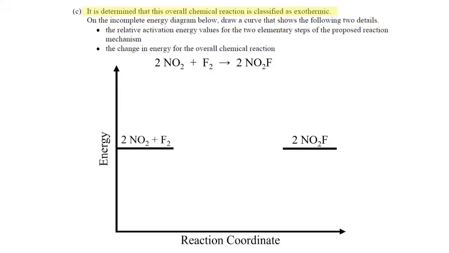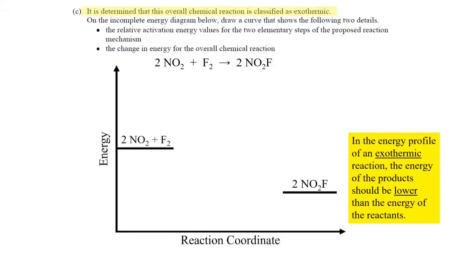Now, if it's exothermic, then the products are going to be lower in energy relative to the reactants. So your diagram would look something like this, where the energy profile for an exothermic reaction shows that the products would be at a lower energy level than the reactants. So if it were endothermic, I would have put the products higher than the reactants. But since it's exothermic, I put them lower.